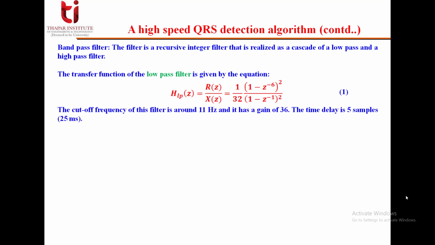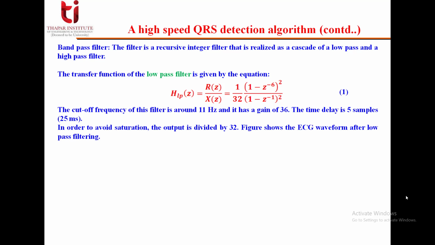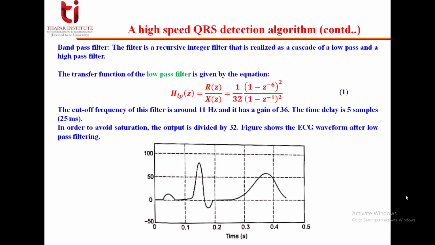So this is the transfer function of a low pass filter. The cutoff frequency of this filter is around 11 Hz and it has a gain of 36, and the time delay is 5 samples, that is 25 milliseconds in this case. In order to avoid saturation, we are dividing this output by 32. This figure shows the ECG waveform after low pass filtering.